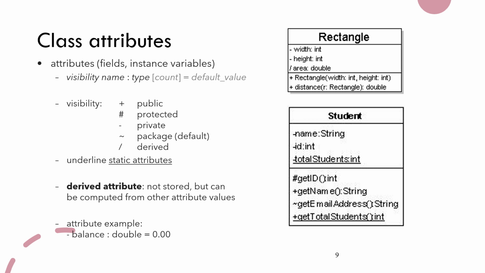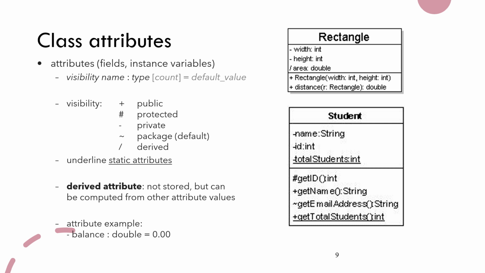So this part, the attributes, visibility: we have the visibility of the class itself. This is what ER doesn't have. They have the class object visibility. We have public, protected, private, and also the default package and derived. So we have various kinds of visibility, and it is defined in the class diagram.